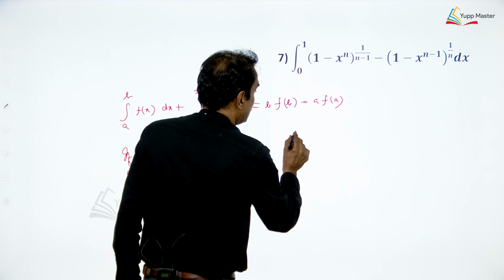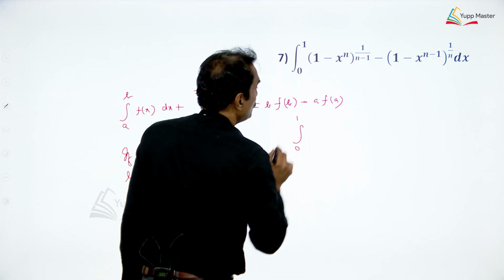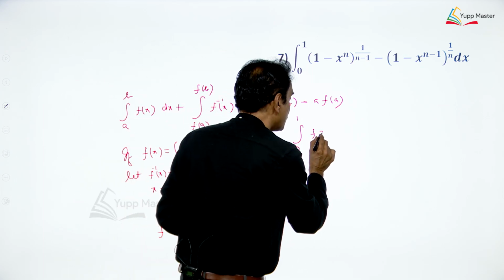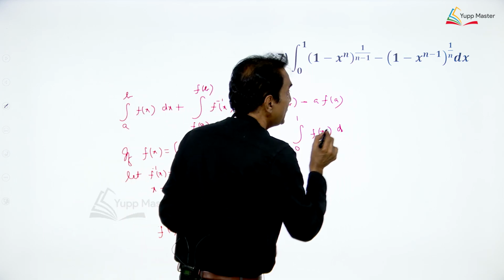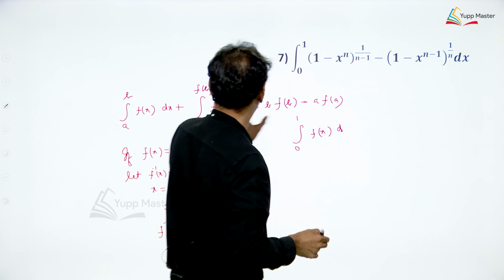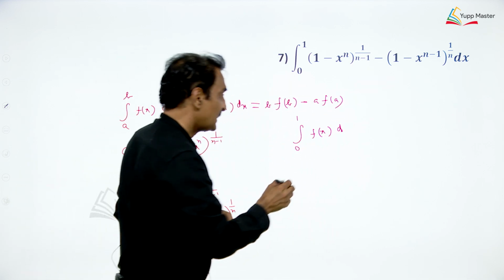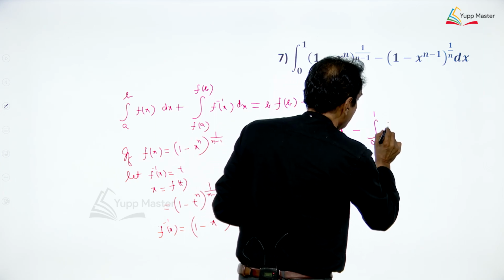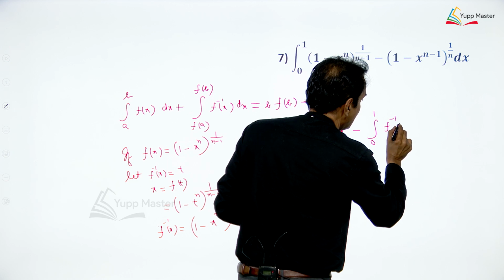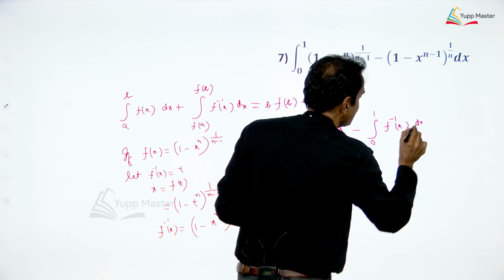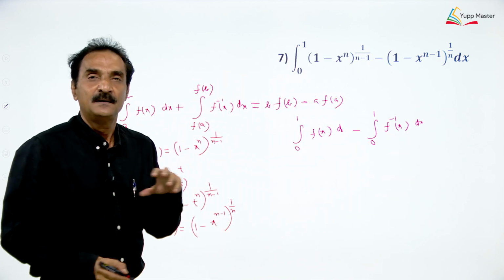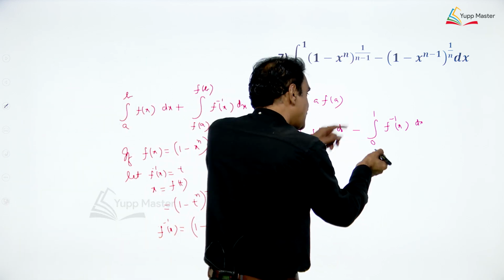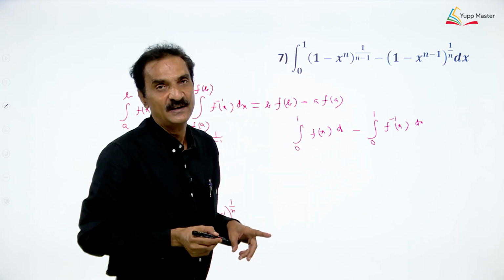Okay. Now, integral 0 to 1 f of x dx, here minus is there, in the formula I gave plus. So, let us see, minus integral 0 to 1 f inverse x dx. Since we have plus sign in our formula, let us interchange the limits and change the sign.